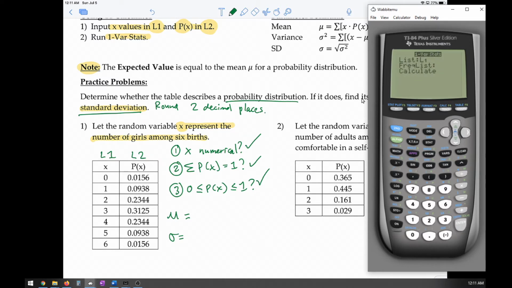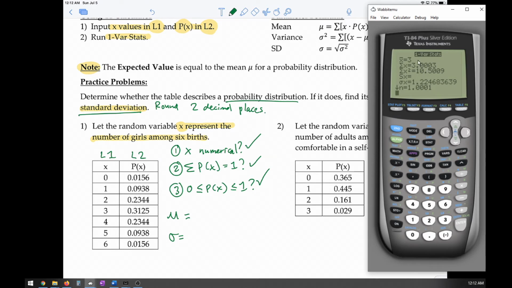So for the list, I'm going to put my x's, which is in L1, right? Let's say that it wasn't here. I'd have to press second 1 to call L1. And then in my frequency list, I'm going to call L2, which is where I store the p of x's. So we're going to press second 2, and then I'm going to go down to calculate.